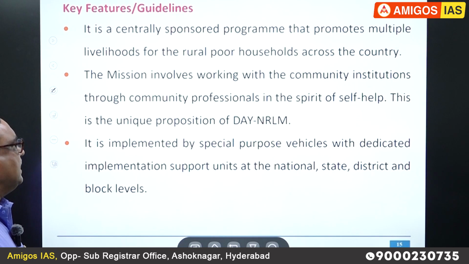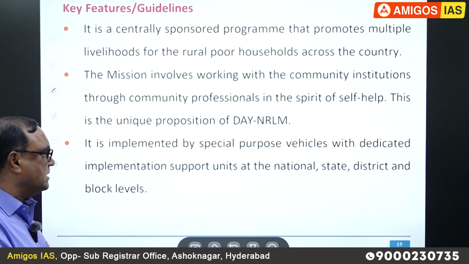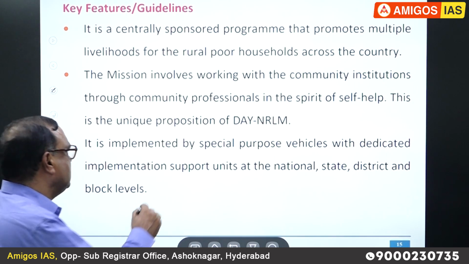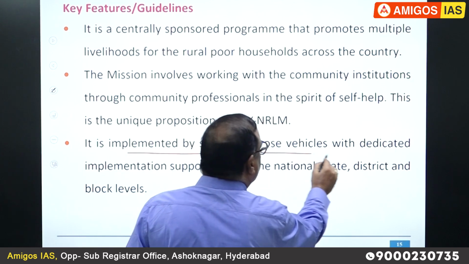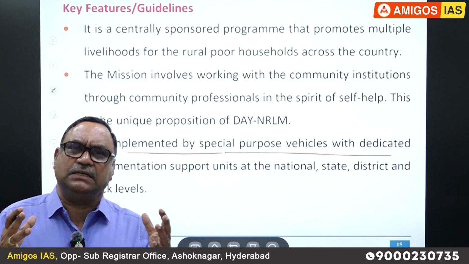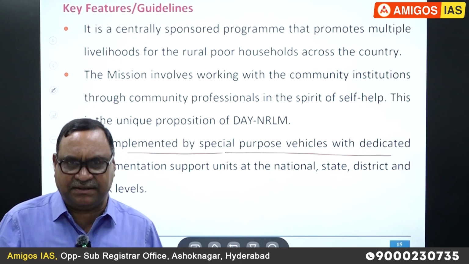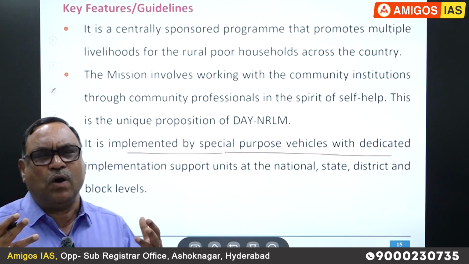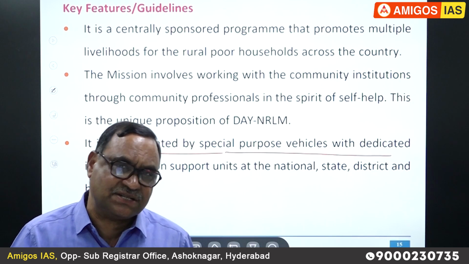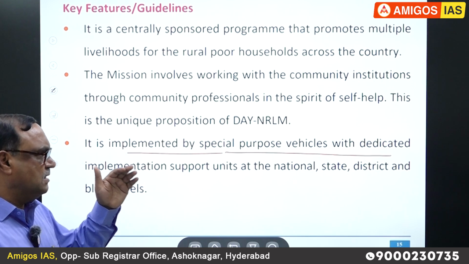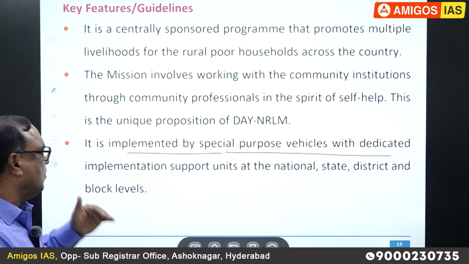It is implemented by special purpose vehicles with dedicated implementation support units at the national, state, district and block levels. That means specialized agencies are created by the government with persons who have expertise in different fields, at national level, state level, district level and also block level.